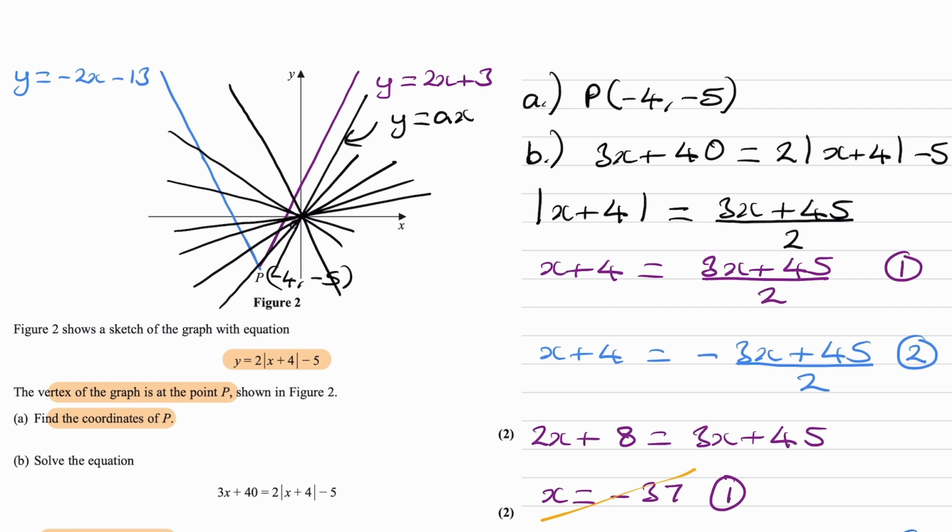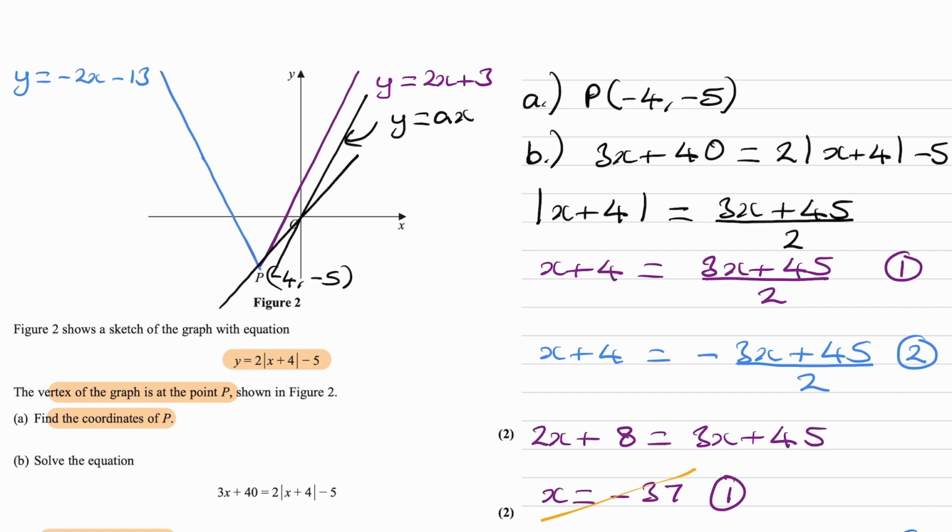So basically, if the gradient of this line is less than the gradient of the line that crosses through point P, so all of those lines that I previously drew had a gradient less than the gradient of the line that crossed through the origin and point P, then it will hit this modulus function. So we then need to work out the gradient of this line that goes through point P and the origin.